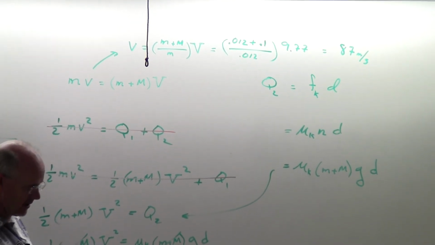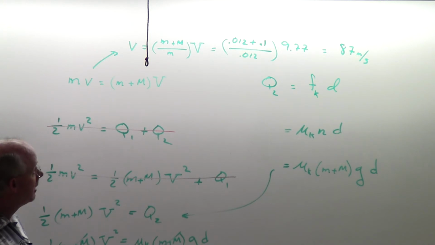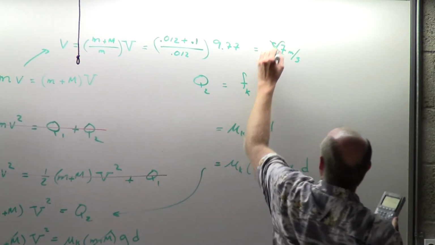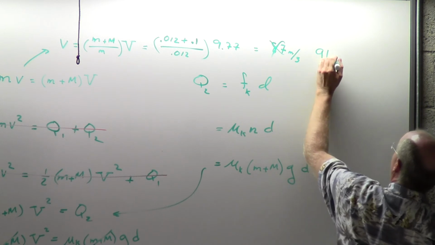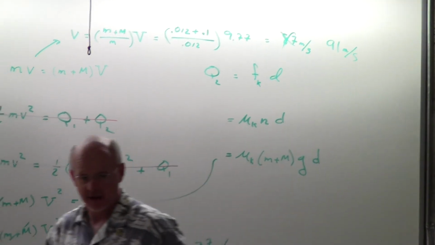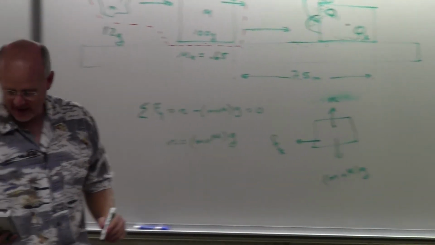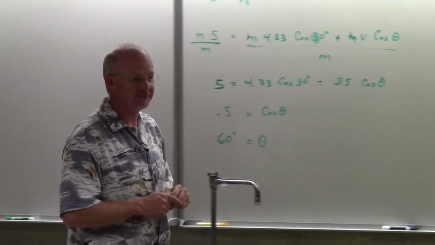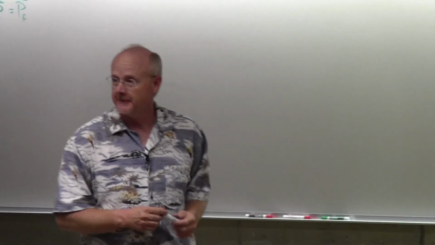So I'll take that quotient. And then 9.77 is, 91. I don't know how I got that. Maybe it was a fat finger mistake. So, yeah, and sometimes I need a bigger keyboard there. So, yeah, good.